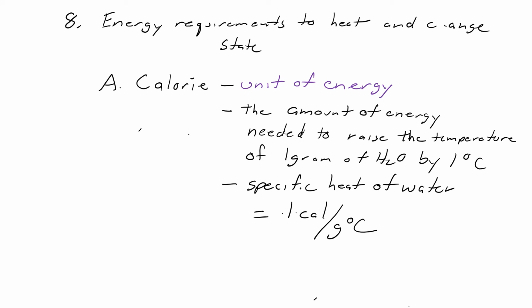So if you have a gram of water at 2 degrees C, and you want to raise it to 3 degrees C, you have to add 1 calorie of heat. If you want to raise it 10 degrees, you have to add 10 calories. The great thing about water is that it has these really nice units. Its density is 1,000 kilograms per meter cubed.